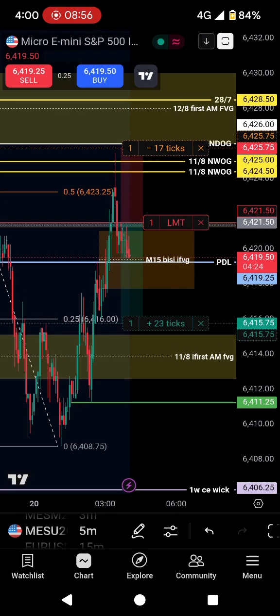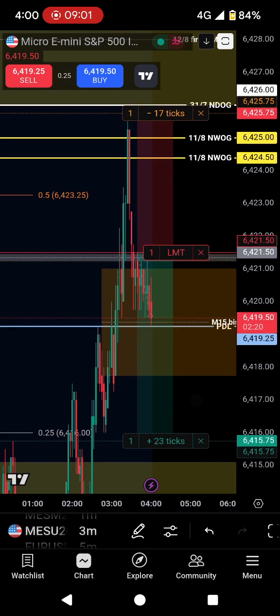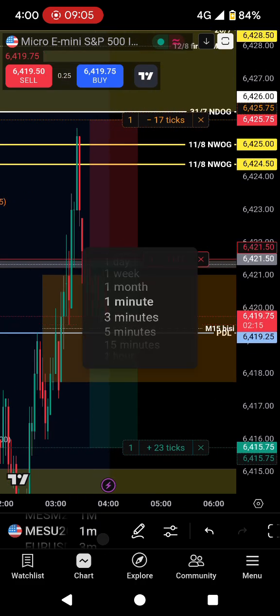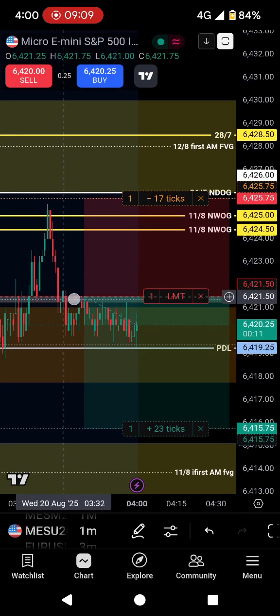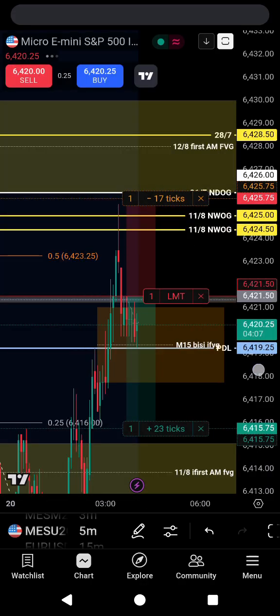Let's go to 3 minutes and see if this 3-minute volume balance is not filled. Then we're going to be patient and wait for the setup that we want. On 1 minute we fill in this CBD, so just going to be patient and wait.